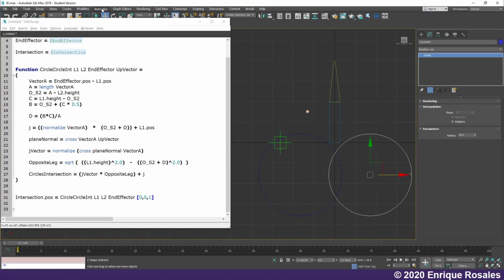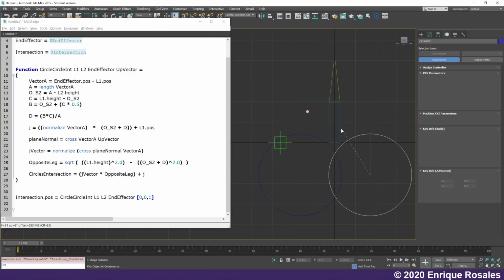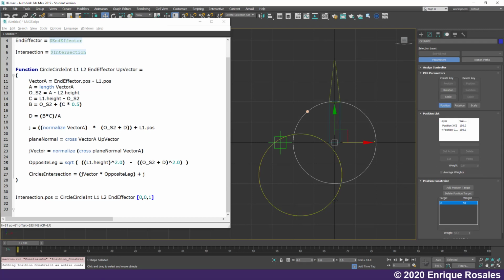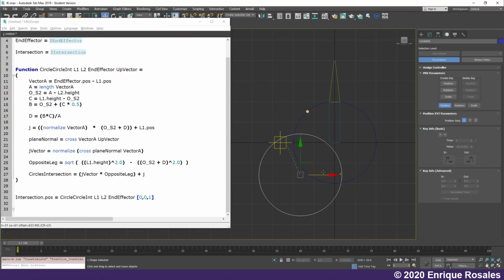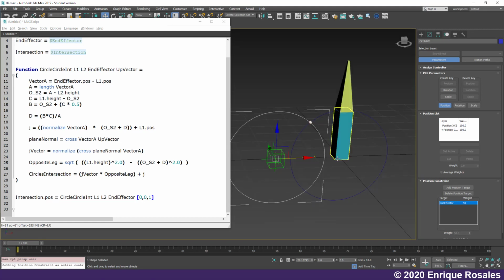The first circle will have a position constraint to this object right here, which is the origin of our kinematic chain. And this guy will have a position constraint with this guy right here. And it seems that the intersection is actually correct.